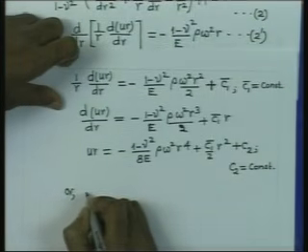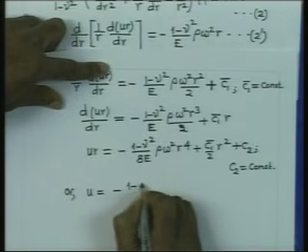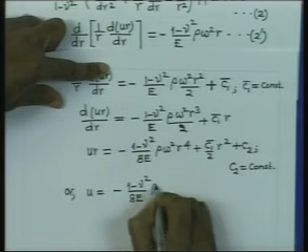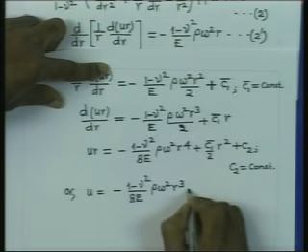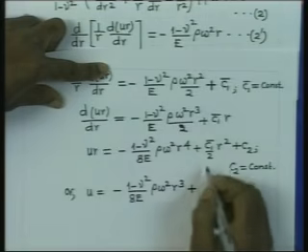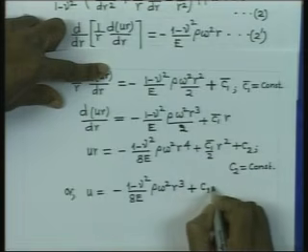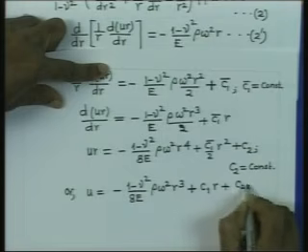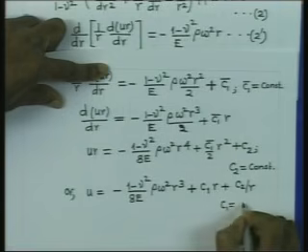Or we have u is equal to (1 minus nu square) by 8E rho omega square r cube. Let us write this as C1 r plus C2 by r, wherein C1 is nothing but C1 bar by 2.